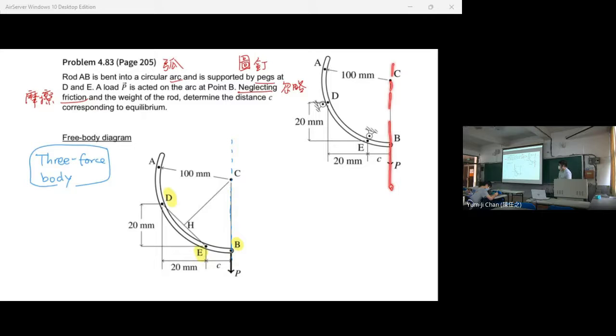The lines of action of forces D and E should go to the same point, somewhere, and these three forces should have the same line of action. It's okay.